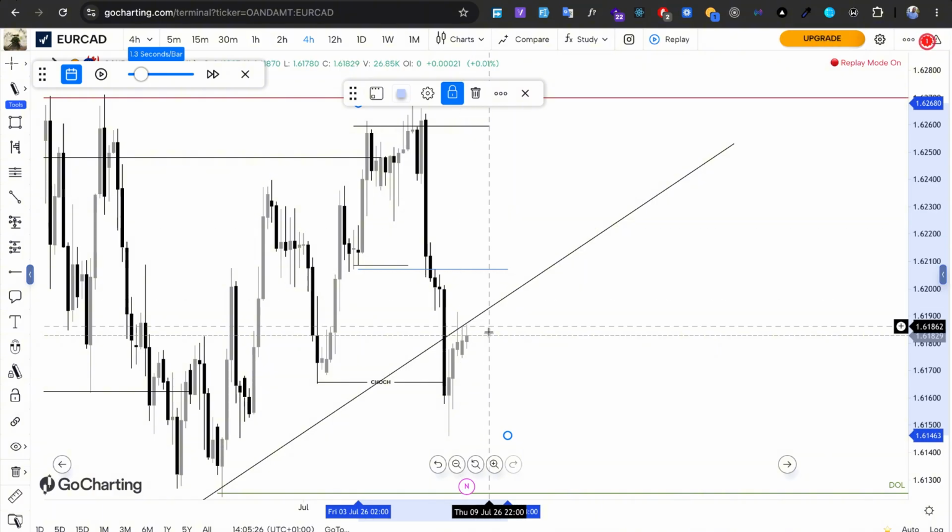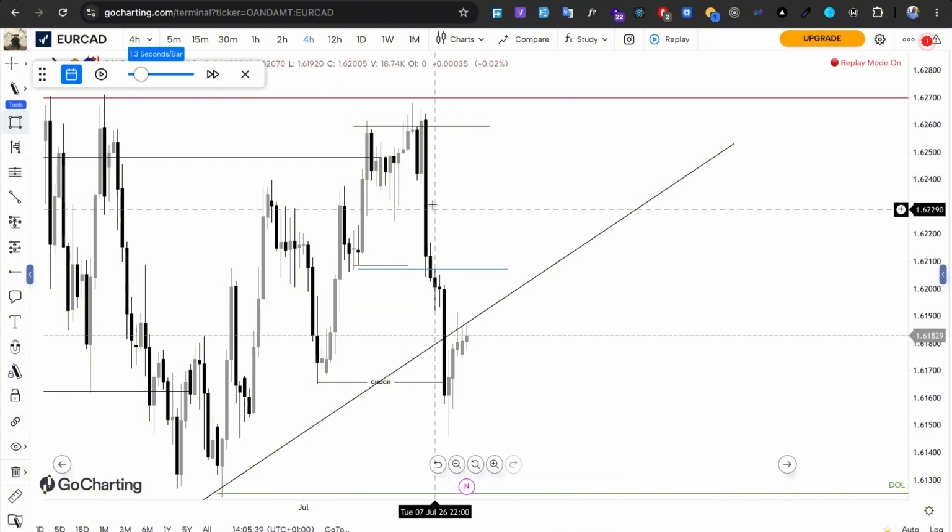I have a dealing range. I expect price to go up into this premium, you understand, and sell. And inside this premium there is a fair value gap here.